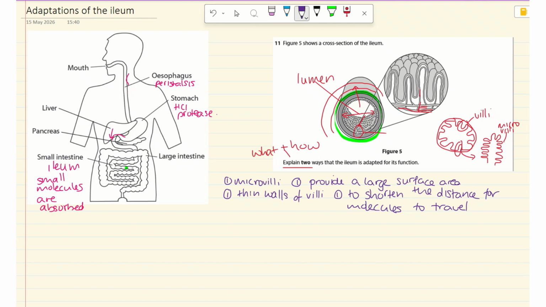Okay, so our molecules from the lumen to the blood, they only have a small distance to go. They don't have to travel far, which means it's easier for absorption to happen.